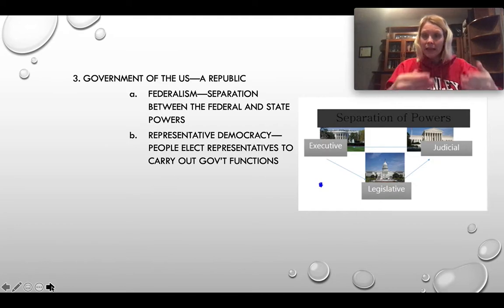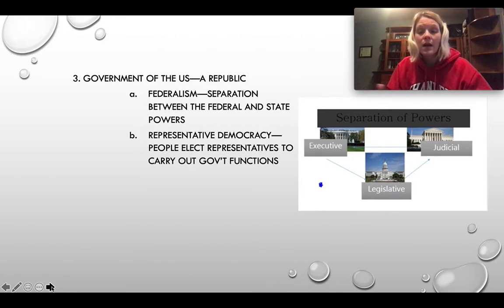And so we elect somebody to represent us. We want other people to carry out the government function because I'm a teacher and I don't have time to do all that. But I'm going to choose somebody who I think will be the best person at representing me.